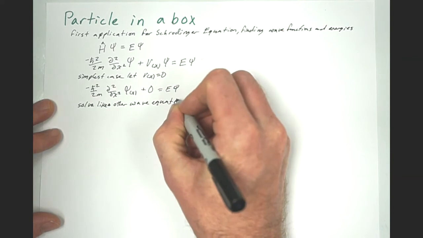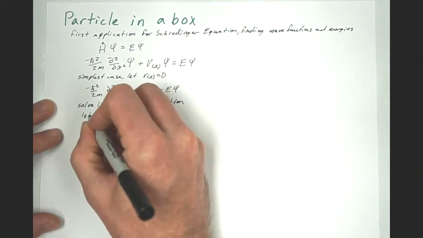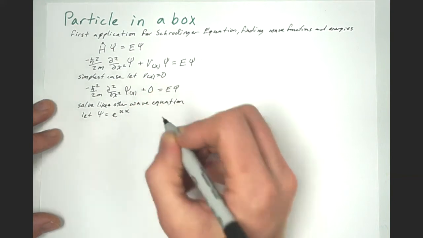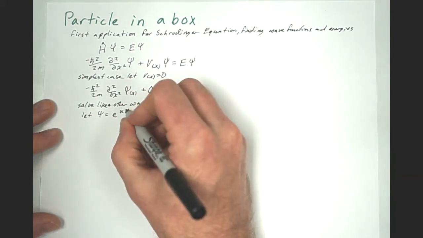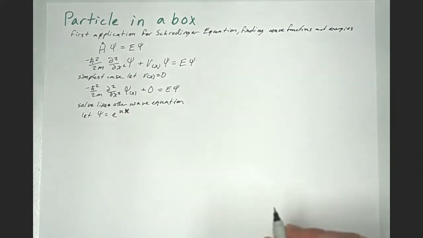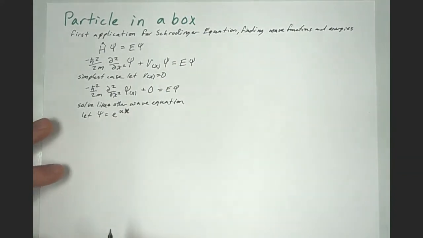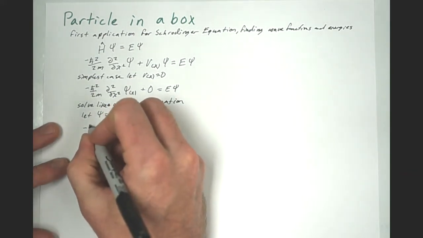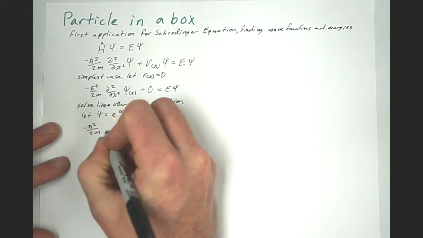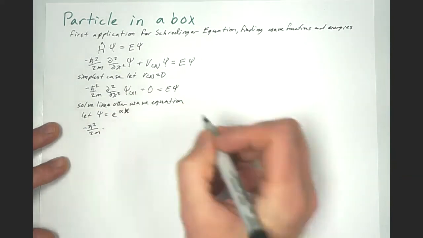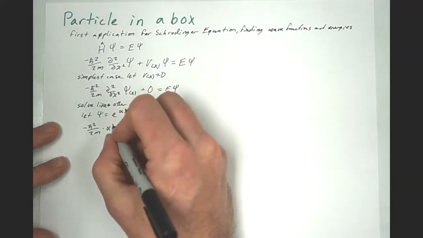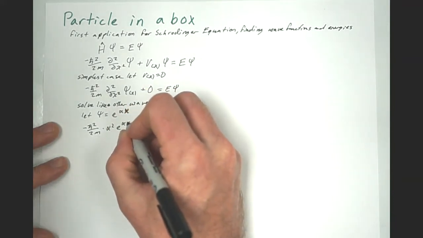And we're going to do that by letting psi equal e to the alpha x. So if we let psi equal e to the alpha x, substitute that in, we find minus h bar squared over 2m times the second derivative of this with respect to x is alpha squared e to the alpha x.